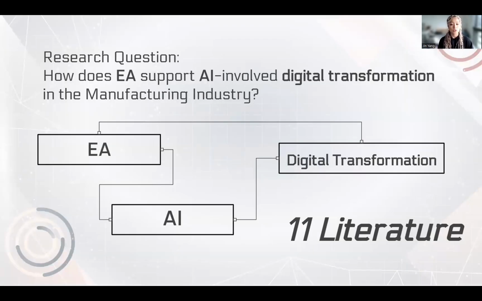To address the research question we posed, we conducted an extensive literature review, identifying 11 academic articles. Through this process, we believe that each article offers valuable perspectives on different aspects of our research question.